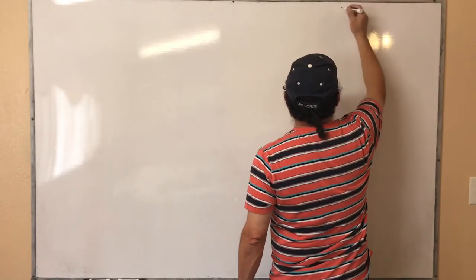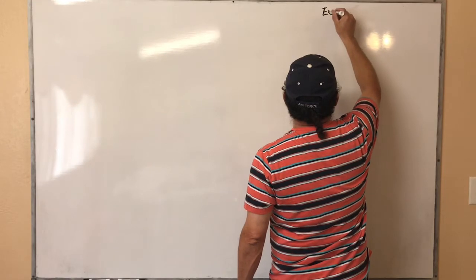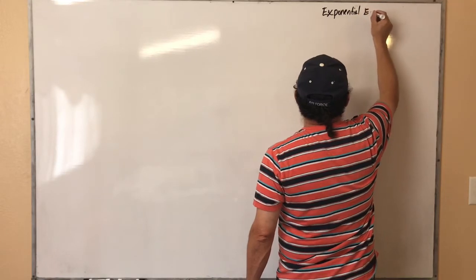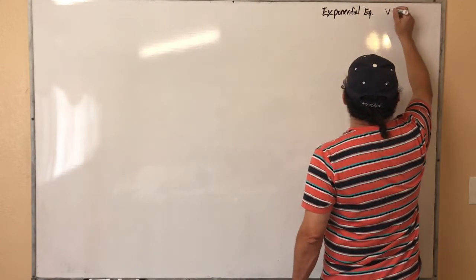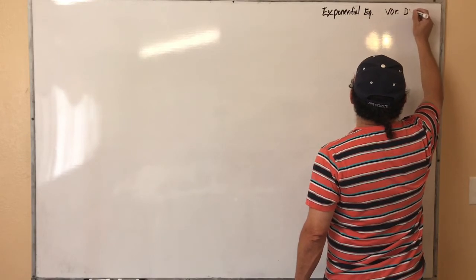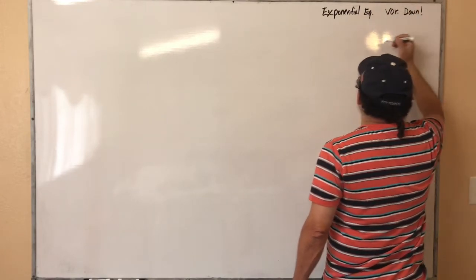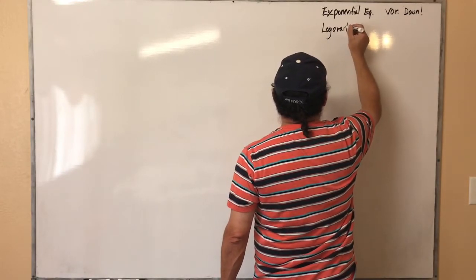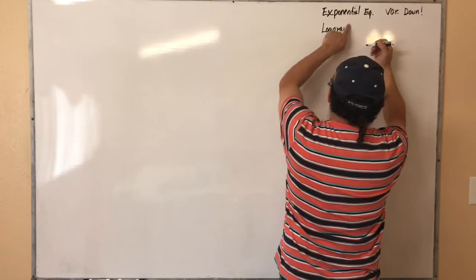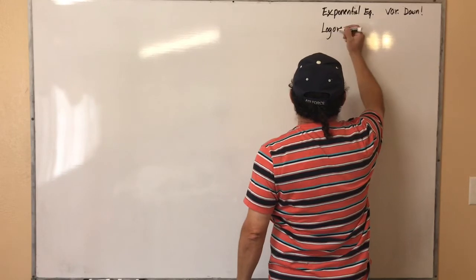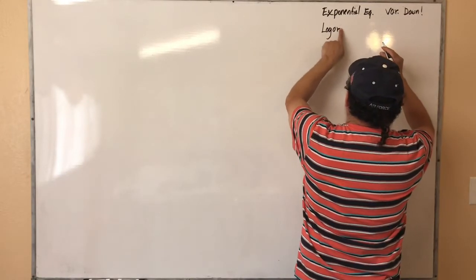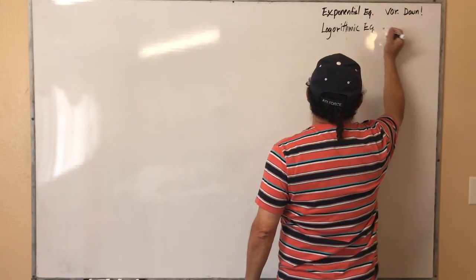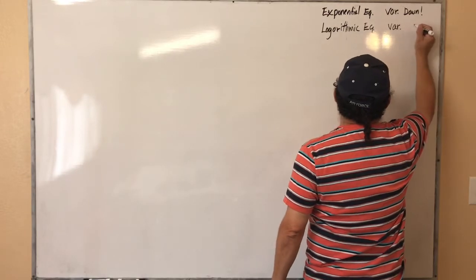So for exponential equations, you say variable down. For logarithmic equations, you say variable out.